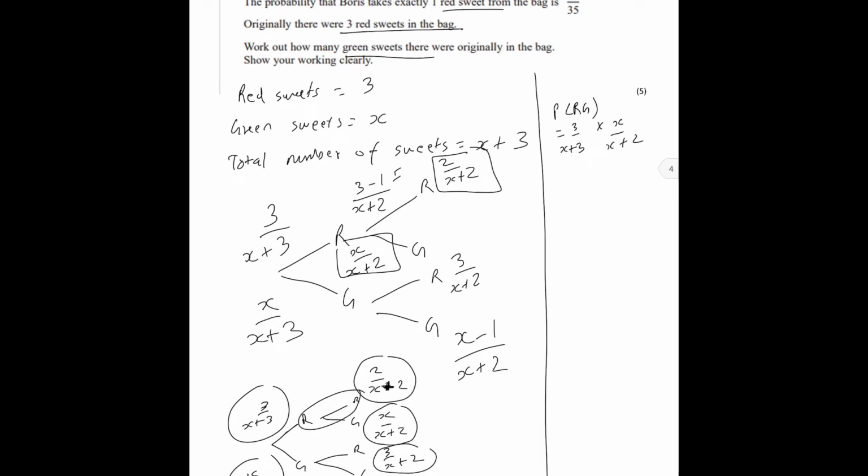We're looking from the question of getting red and green. They're not asking us to find red and red. That's technically not the question, because they're saying how many green sweets there are. So red and green, that's same from here. We have 3 by x plus 3 multiplied by x divided by x plus 2.